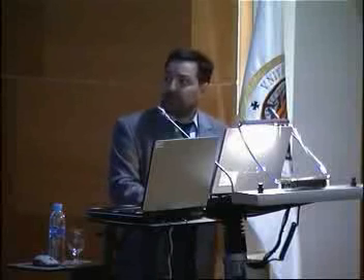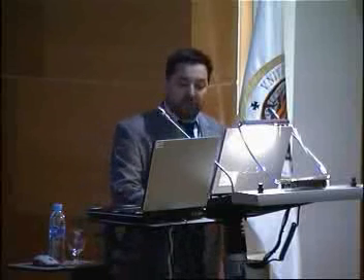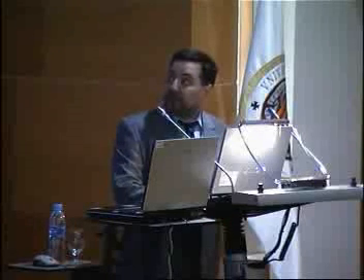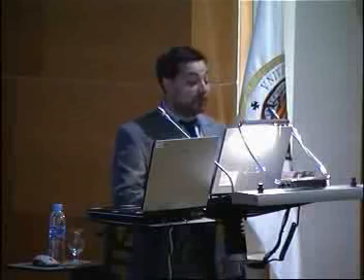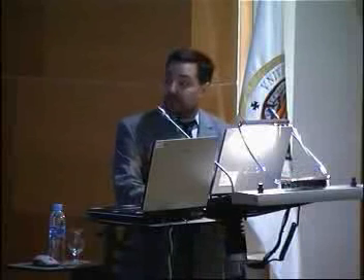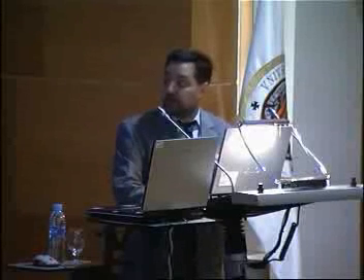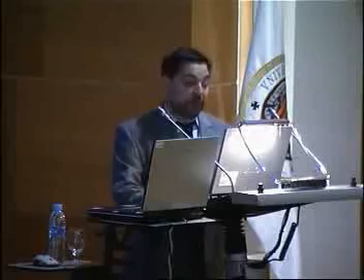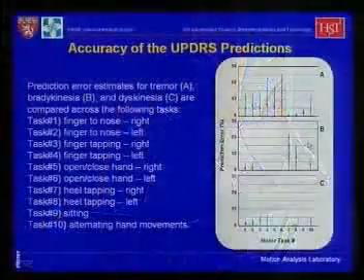So all the tasks are suitable for tremor, which is what you see in the top panel, but not all the tasks are actually suitable to assess slowness of movement, which is bradykinesia, which is what you have in the panel as shown in the middle, or dyskinesia, which is what you see on the bottom side of the screen.